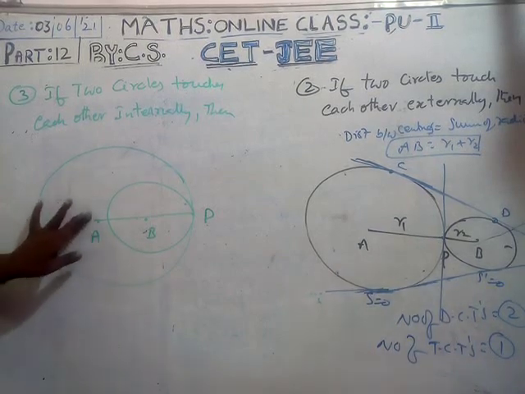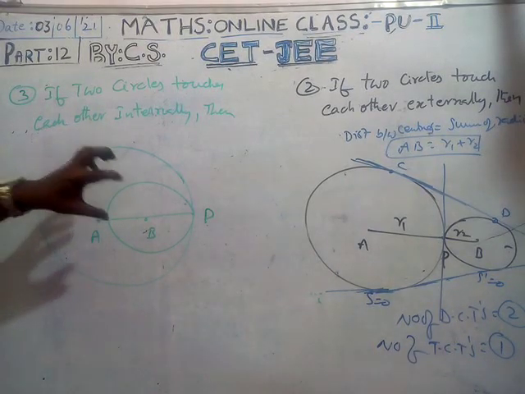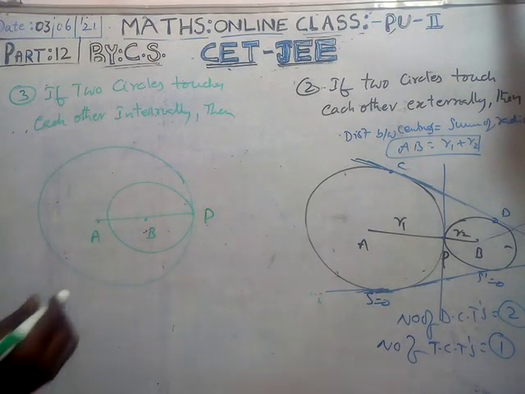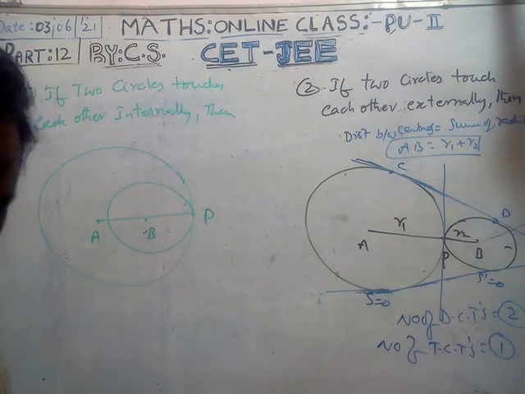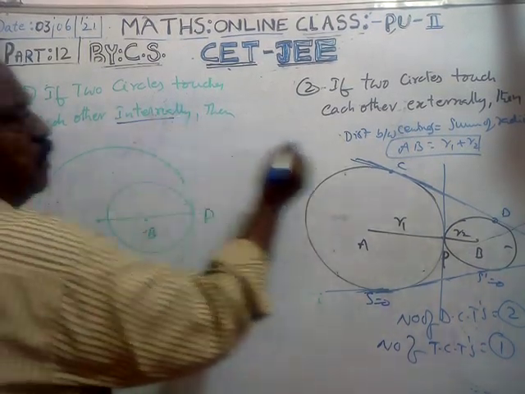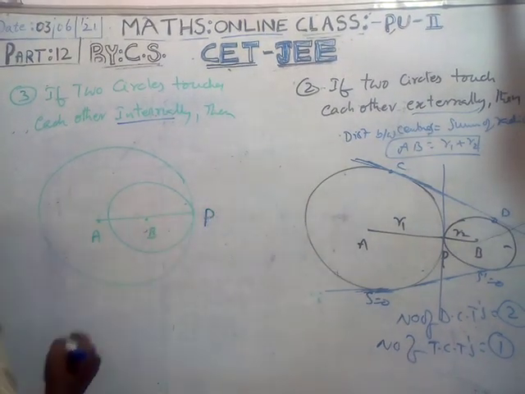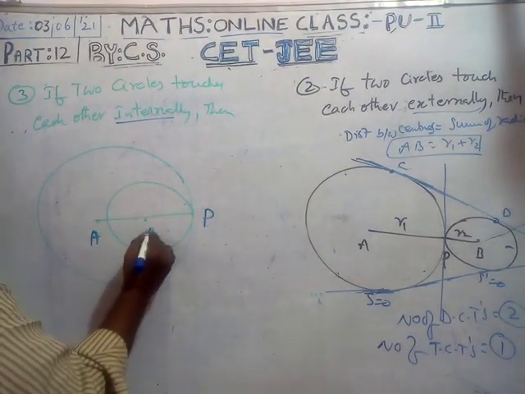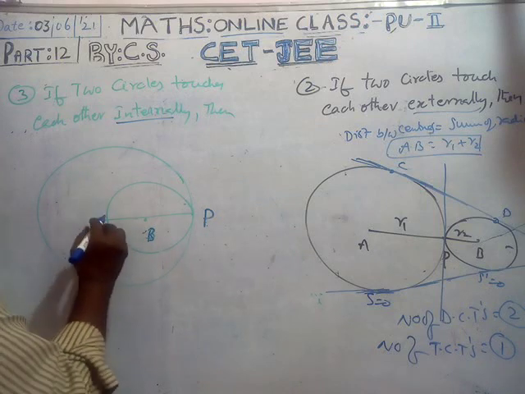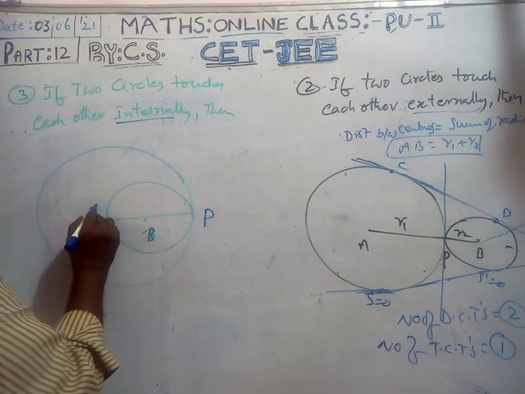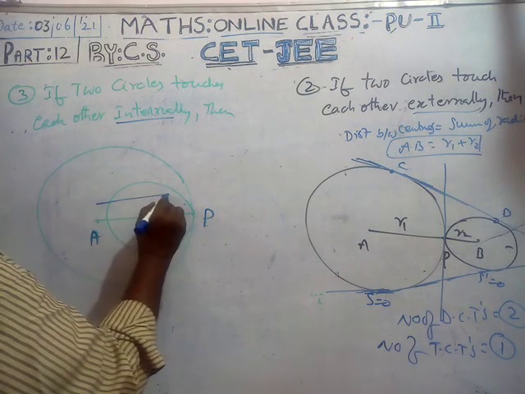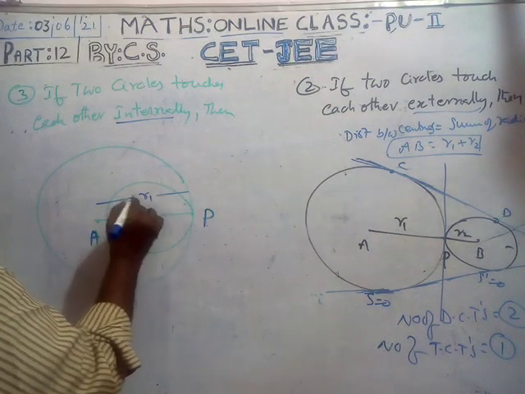The two circles are touching each other internally. This is important. Internally, but here it was external. Point of contact is the same P. The centers are A and B. The first one, you should remember, this is R1.